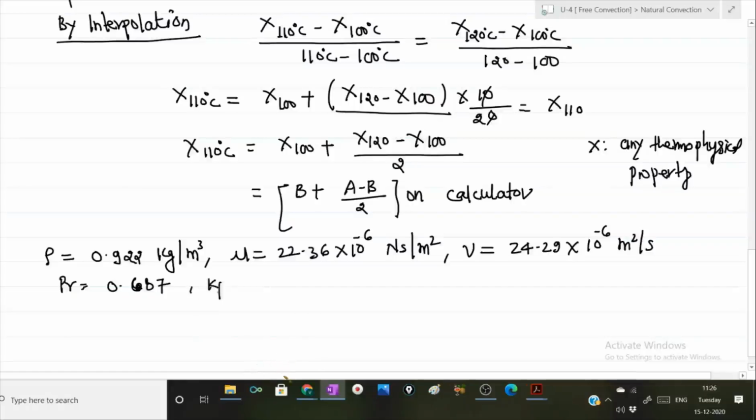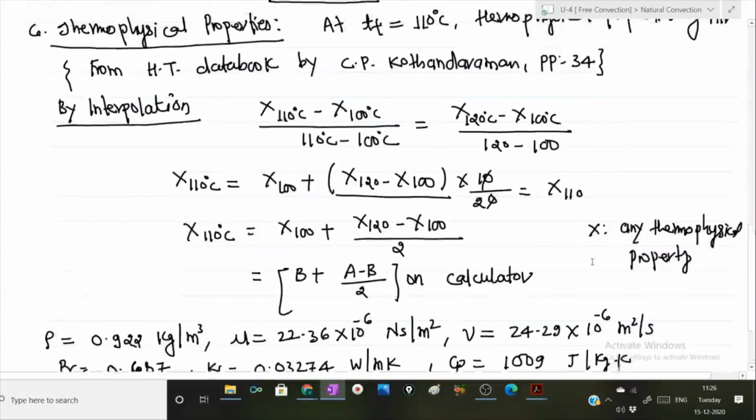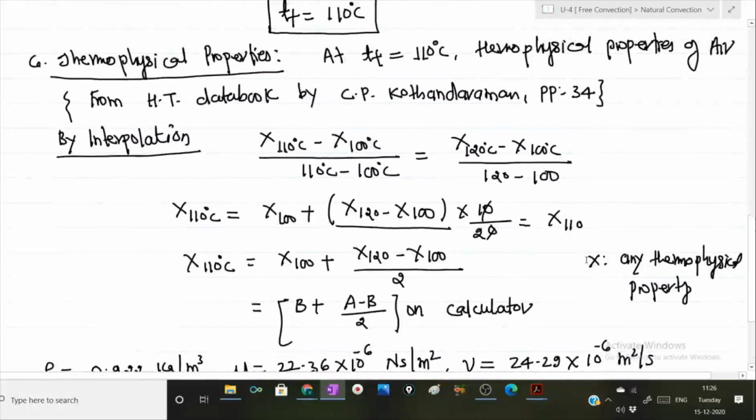Thermal conductivity of air as a fluid is 0.0274 watt per meter Kelvin, and finally the Cp value is 1009 joule per kg per Kelvin. Okay. So all these thermophysical properties I could obtain from heat transfer data book. So this step number 6 is completed.